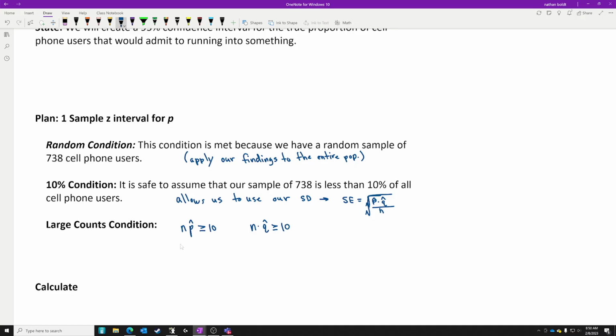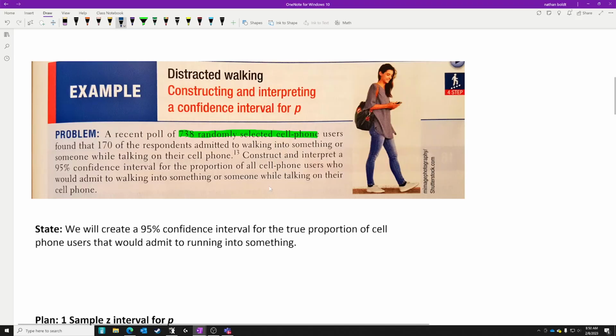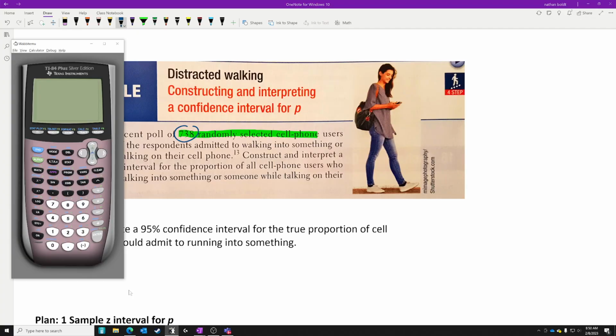So we'll do 738 times, what was the proportion they got? 170 out of 738. All right, 23%.